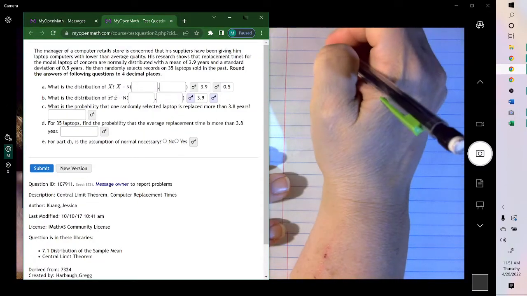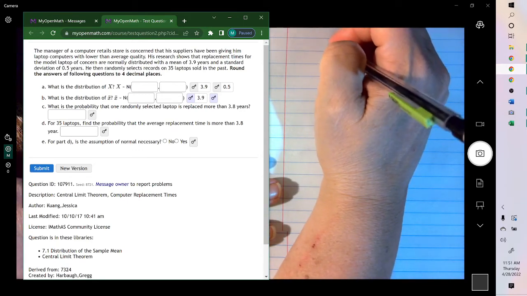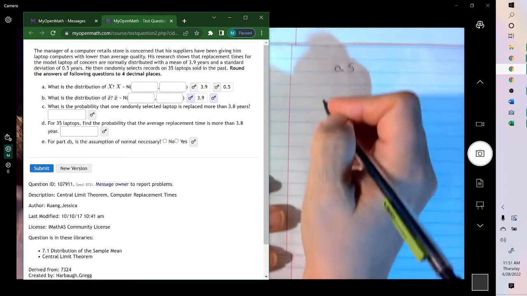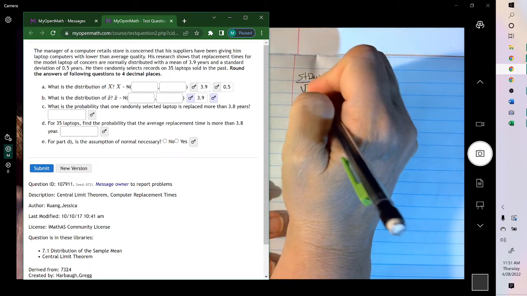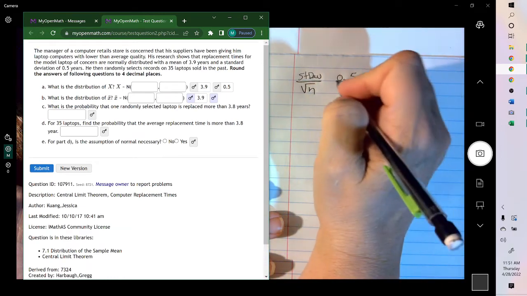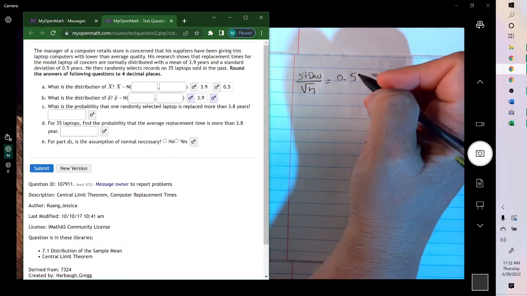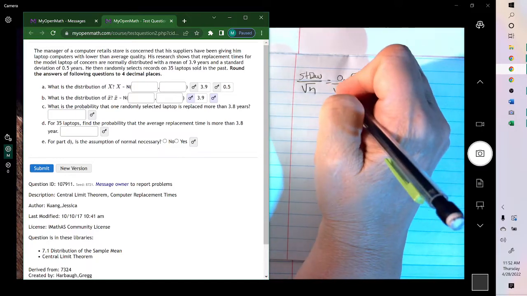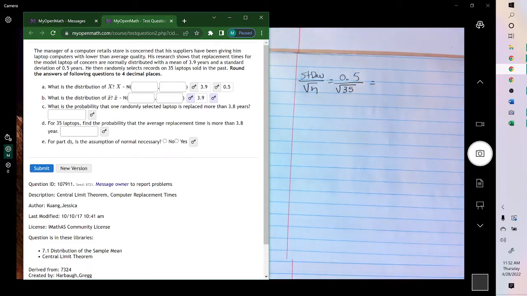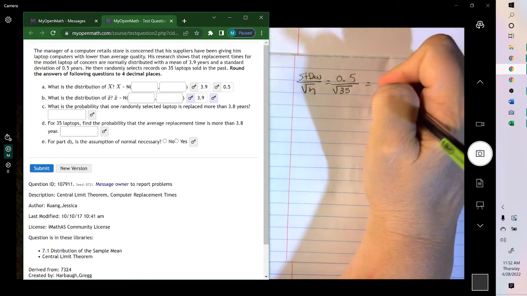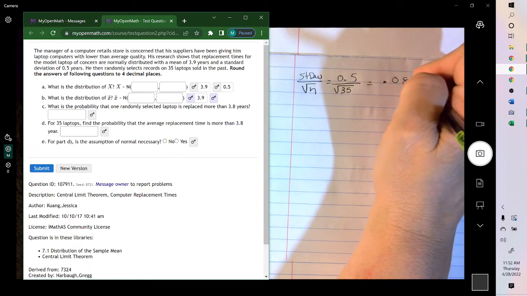is take the standard deviation of the problem and divide by the square root of n. And so the standard deviation was 0.5, sample size was 35, so we divide by the square root of 35. 0.5 divided by the square root of 35 is 0.0845.